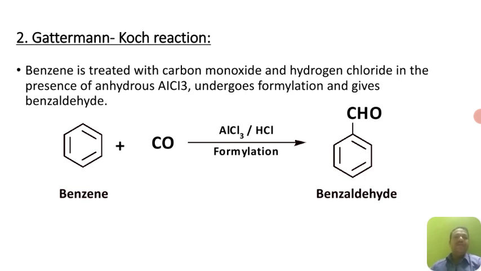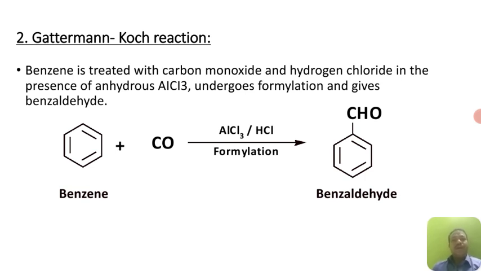This formyl chloride, in the presence of aluminium trichloride, a Lewis acid, generates an acyl group, and this acyl group attacks the benzene ring. So this is the Gattermann-Koch reaction of preparing aldehydes.